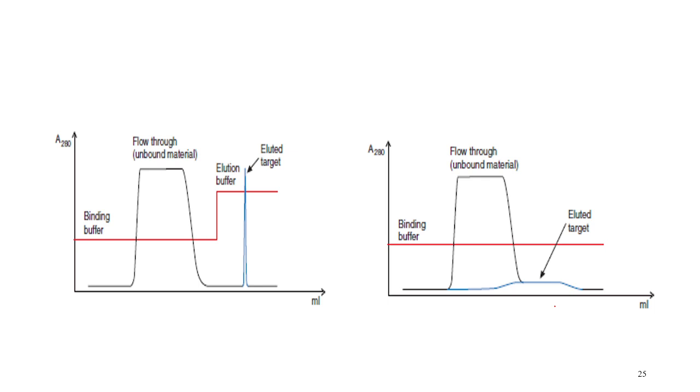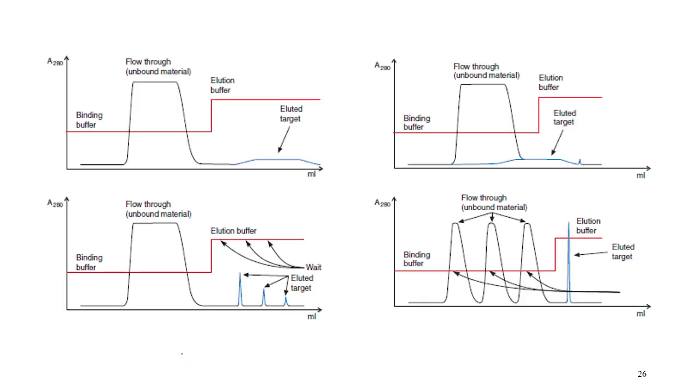The other thing is that it might not have bound to the column, so you might get your protein in the flow through. So there are different reasons and different ways of troubleshooting all of these. But the ideal situation is the sharp peak that you get for your purified protein.